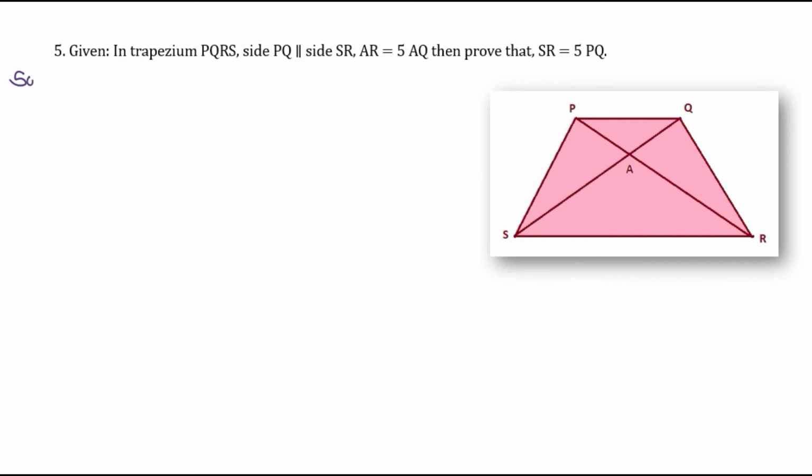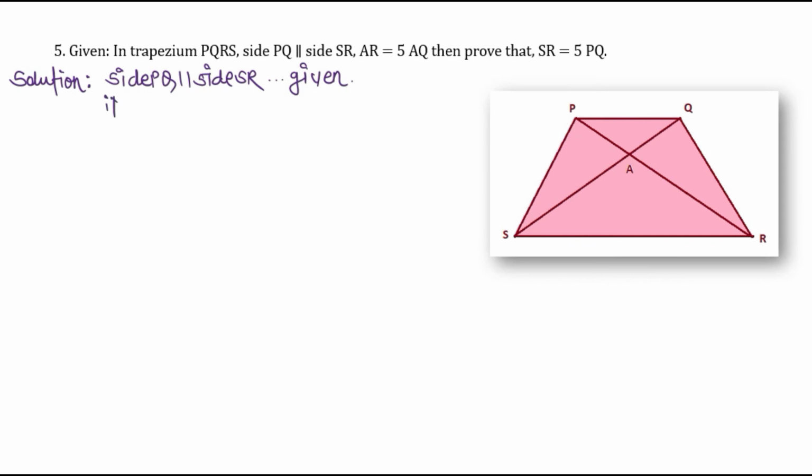Solution. Here, from given, we can write side PQ is parallel to side SR first. This is a given condition according to the property of trapezium.